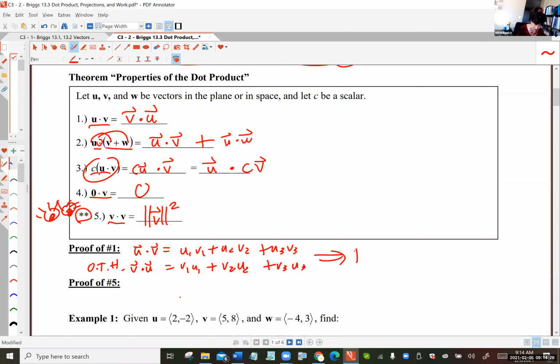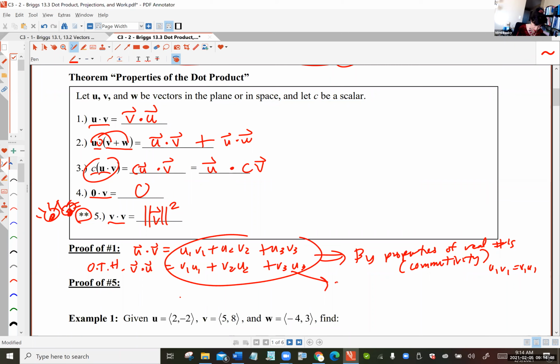By the properties of real numbers, because real numbers are commutative, u1 v1 is equal to v1 u1, et cetera. These two are equivalent.